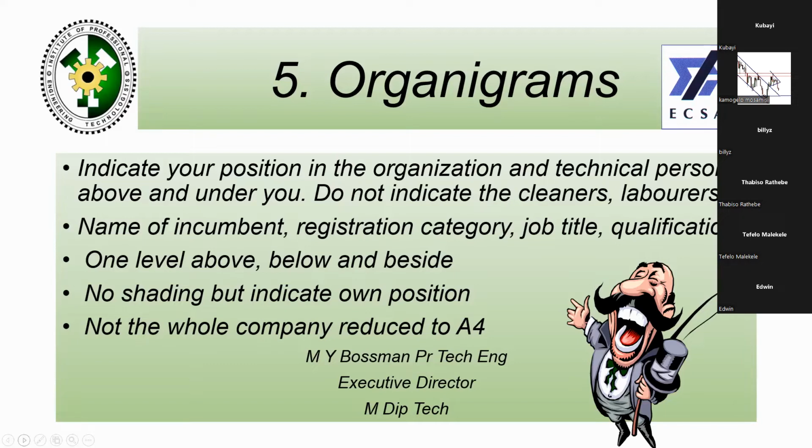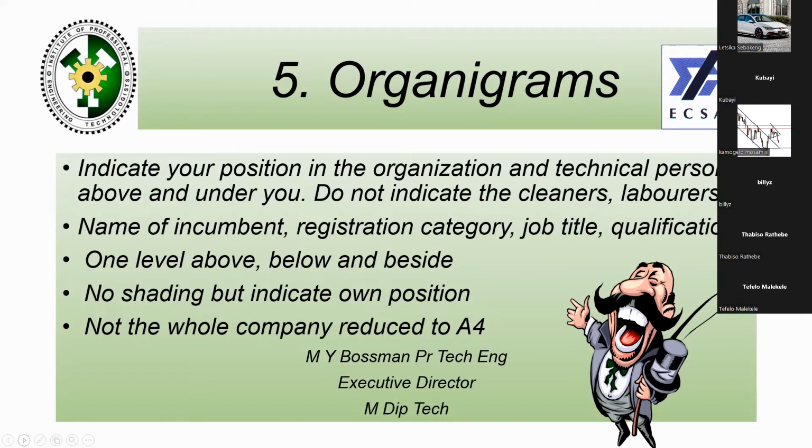Now, obviously, you're not going to put the CEO as the level above you if he's 10 steps above you. The guy above you, who you report to, you want to put his name there, his registration category, his qualification, and his job description.